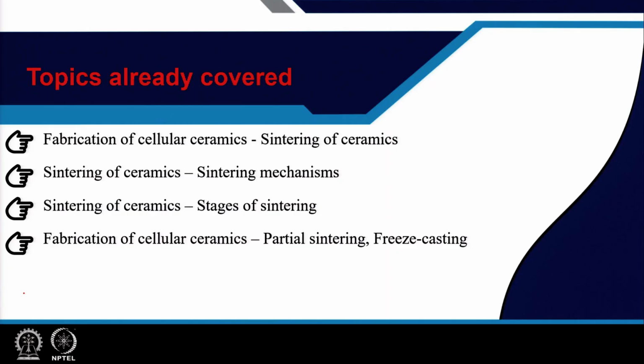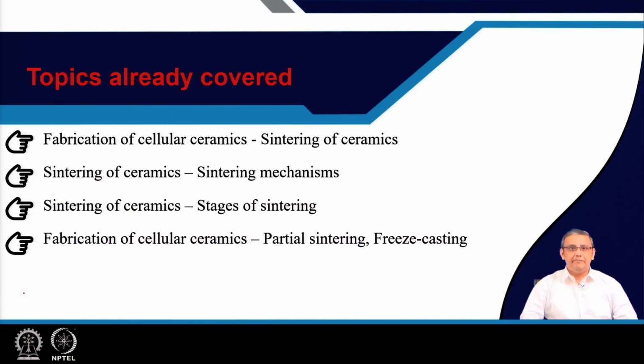In the last lecture, we learned about the basics of ceramic fabrication, where we discussed the sintering process, the stages of sintering and sintering mechanisms. This discussion was required because, as I mentioned in the last lecture, despite sintering being a bulk ceramic fabrication technique, several processing routes for porous ceramic fabrication also involve sintering.